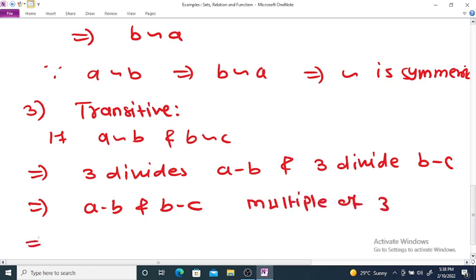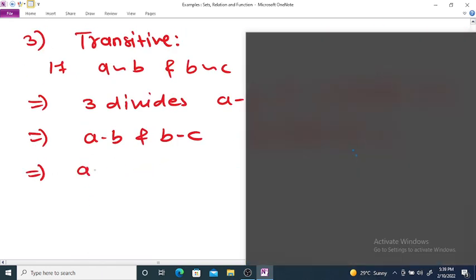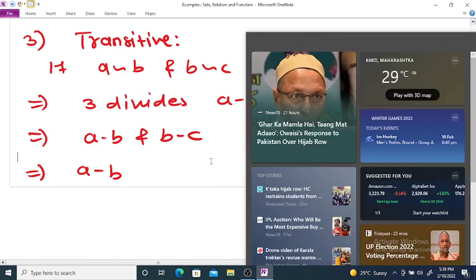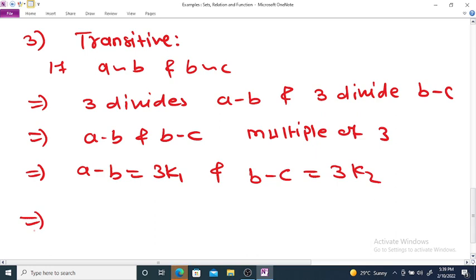So A minus B is equal to 3 times k1 and B minus C is equal to 3 times k2.